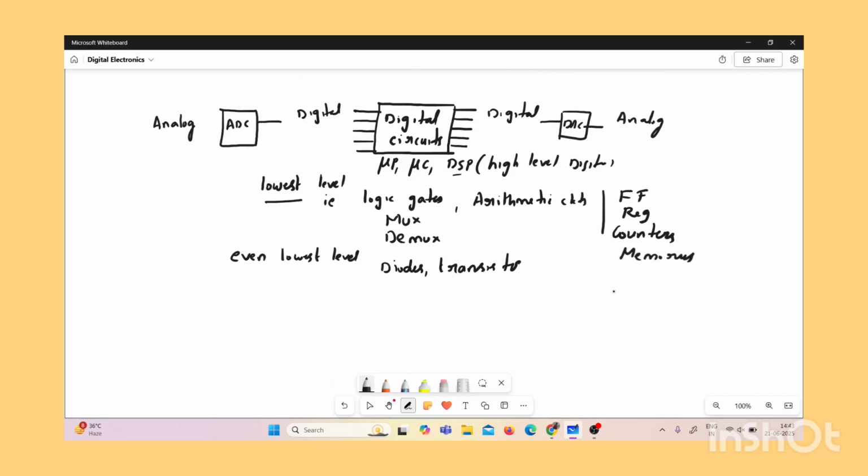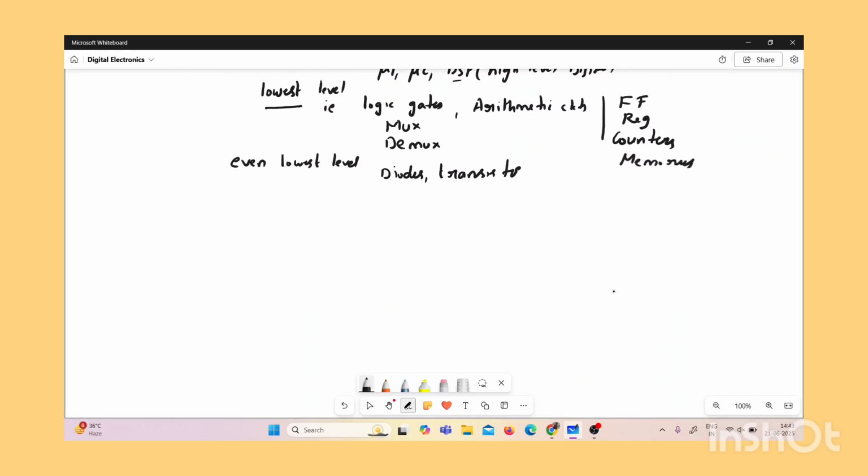Next. So here we are applying some input to the digital circuits. What is the purpose of studying this subject? We apply some input and we get some output.